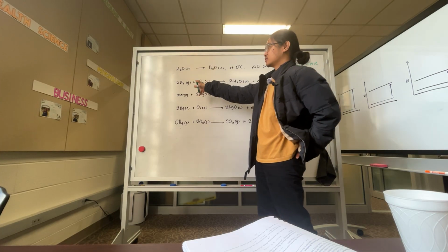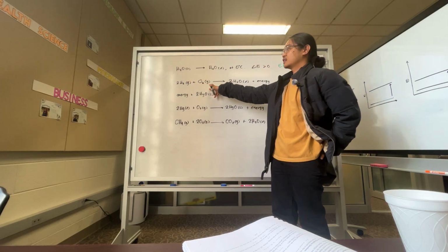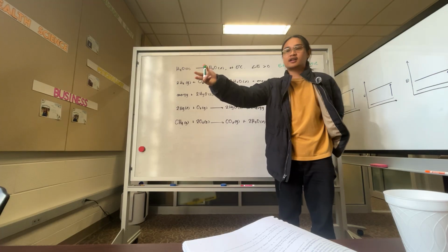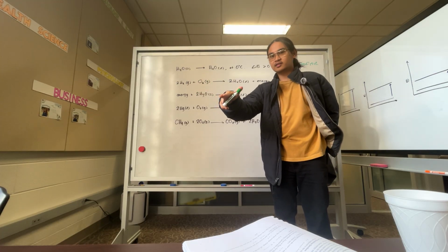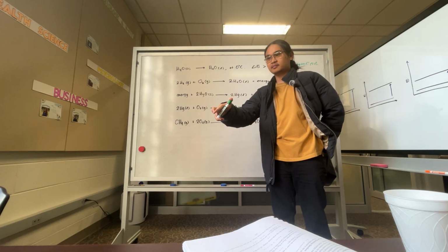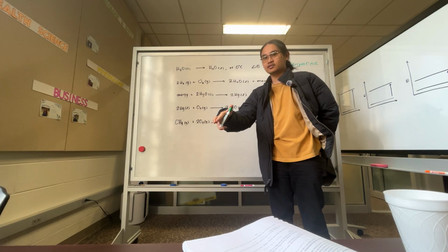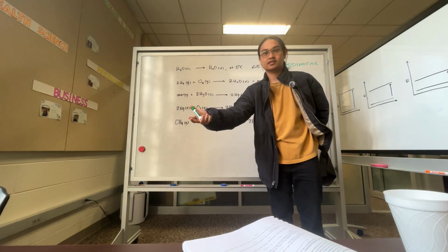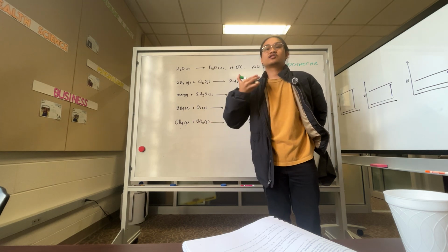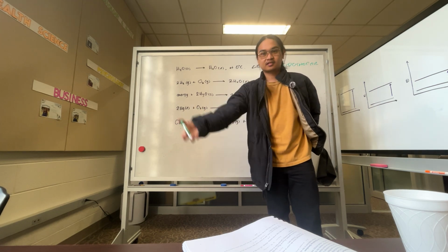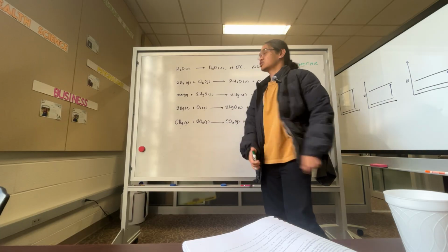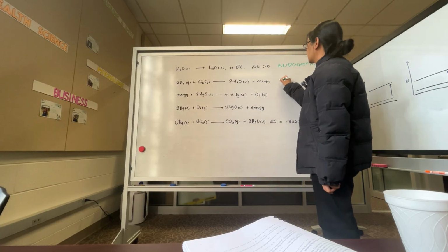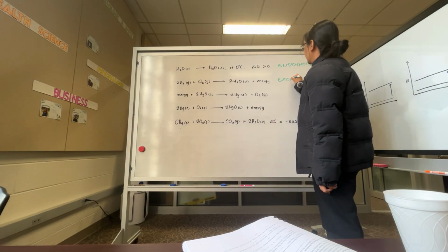So this is your starting state, and they give off energy when you combine them together. What does that mean? Is that a positive or negative? Is that an endo or exo? When you're giving off energy, that means exo, right? Energy exits you. That's an exothermic reaction. So this is exothermic.